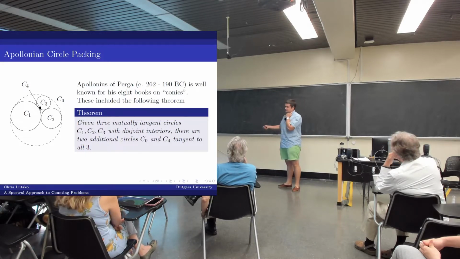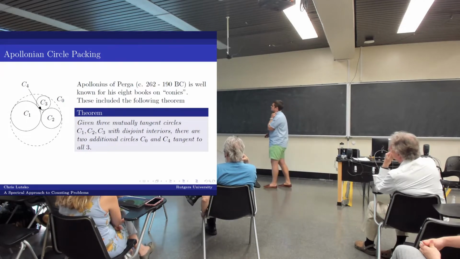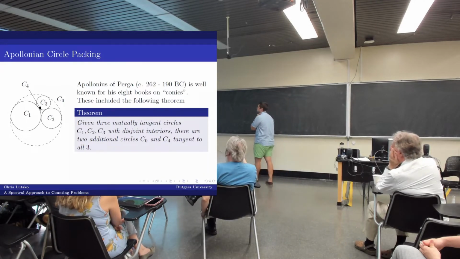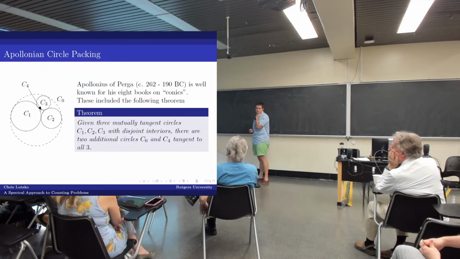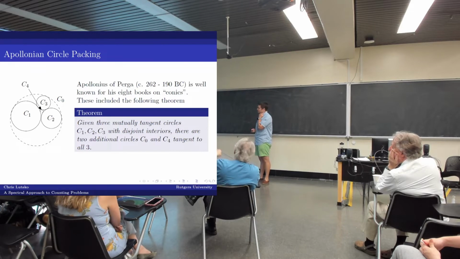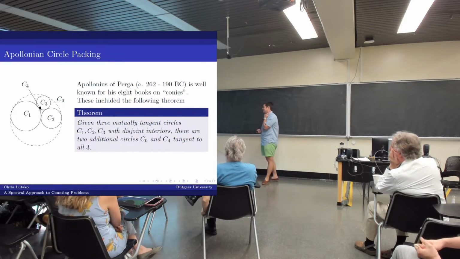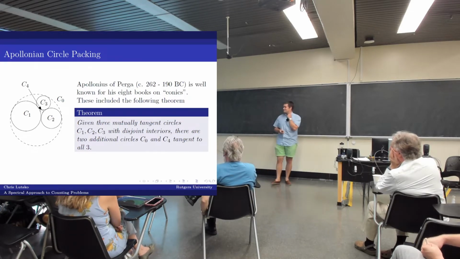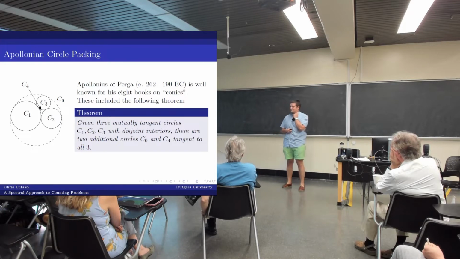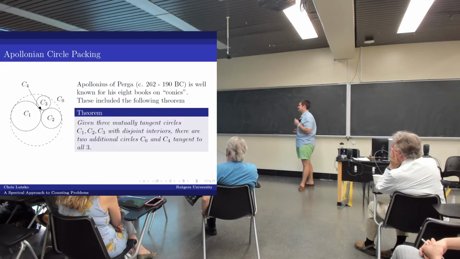By the way, for this talk, I allow straight lines as circles with infinite radius. So those are the Greeks. That looks like an ellipse to me. That might be a byproduct of my drawing.